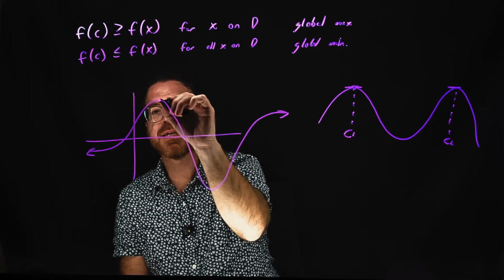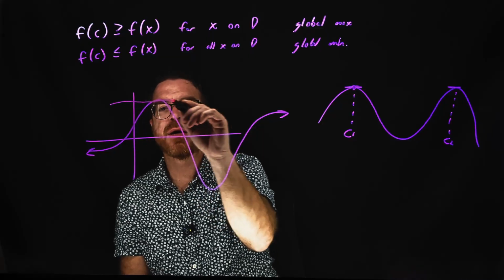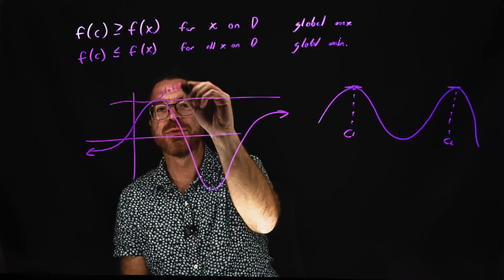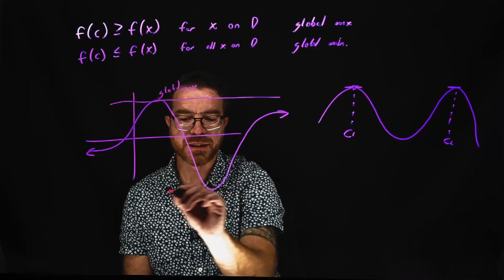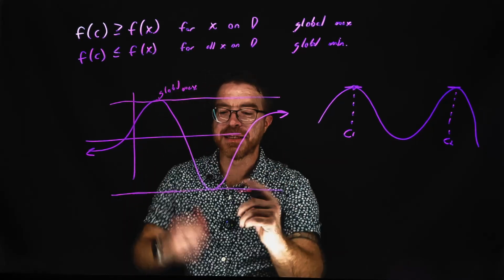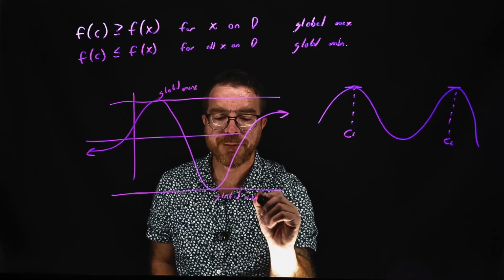We have a maximum right here, and there's no value above this point, meaning this would be a global or absolute maximum. And at this point here, if we drew a line across, there's no value less than this, so this would be a global minimum.